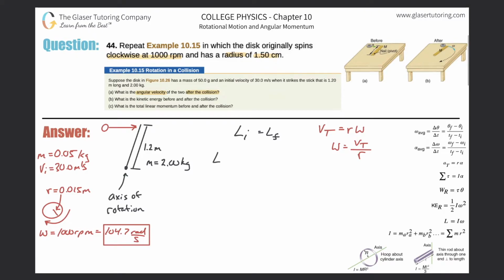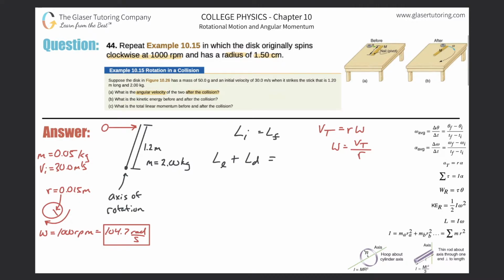I know it might be a little confusing, but I'm going to write L sub L for the angular momentum of the linear velocity, as we just discussed. And I have to add to that, which is going to be minuscule but just for completeness' sake, the disk itself is also rotating. Therefore this also has some angular momentum, so I'm going to say that's the angular momentum of the disk.